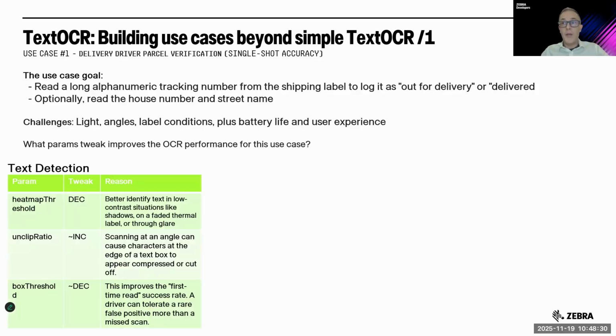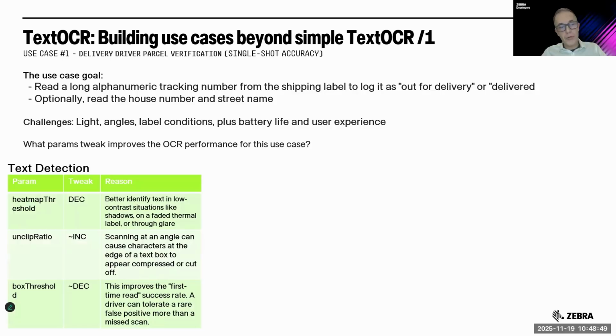What are the parameters that you need to tweak? For the text detection, for instance, the heat map threshold should be decreased in order to better identify text if the label is faded out.